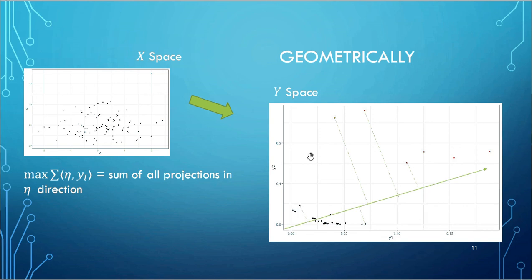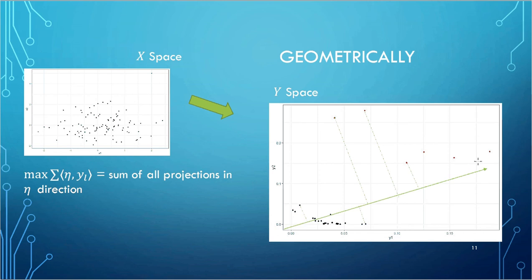So when you project that vector, you are going to get this sum. You add that, and that, and that, and you keep adding all the points when you project them onto that direction, to that vector. When you add it up, you get some number, and you're finding the direction eta where that sum is maximized. That is what we are doing, right?